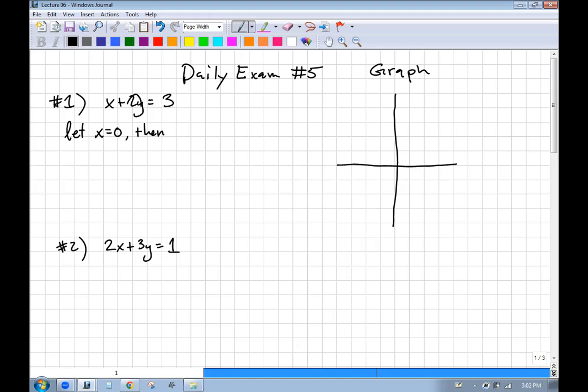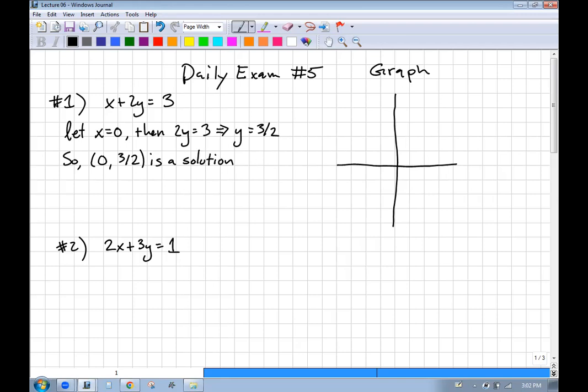You can see easily that if we let x be 0, then 2y is equal to 3. If 2y is equal to 3, then y is equal to 3 halves. Okay. So (0, 3/2) is a solution.